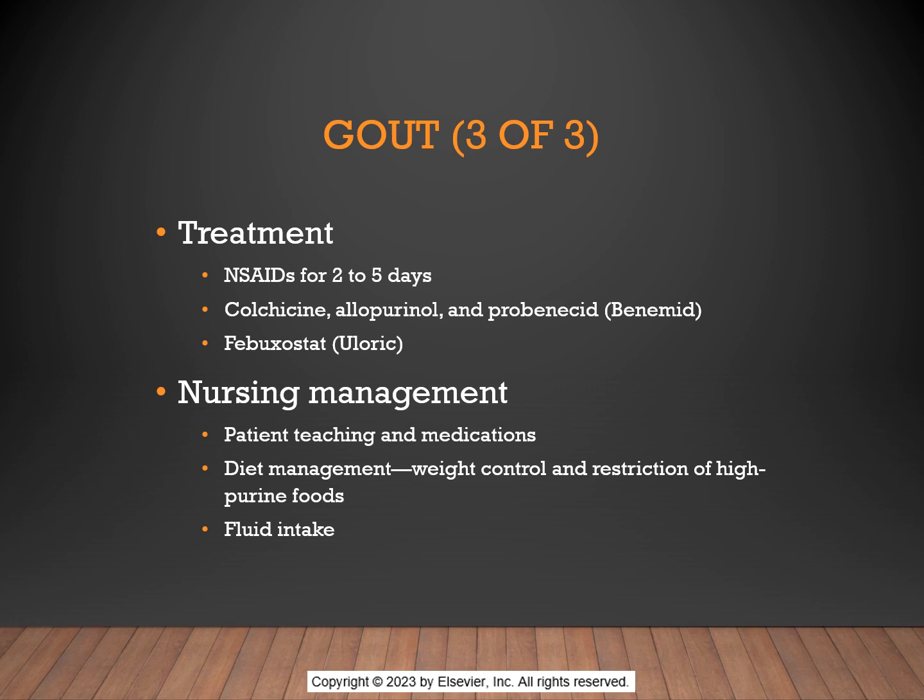Advise that dietary management includes weight control and restriction of high purine foods, including anchovies, sardines, sweetbreads, liver, bacon, kidneys, and venison. Alcohol should be restricted. All forms of ingestible alcohol contain high levels of purine. Teach the patient that a fluid intake of 2,000 to 3,000 milliliters per day is needed to protect the kidneys from urate crystal deposits and to prevent kidney stones.